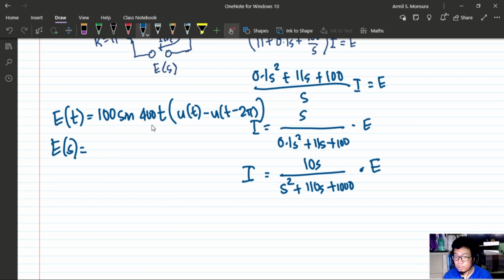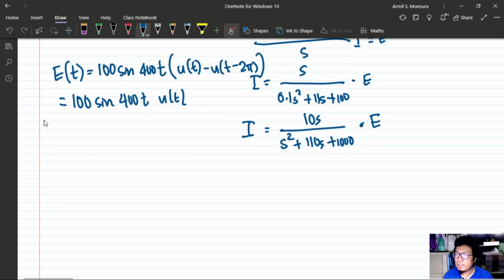Let's try to expand this one first. So we will have something like 100 sine 400t times u of t, and minus 100 sine 400t times u of t minus 2 pi.